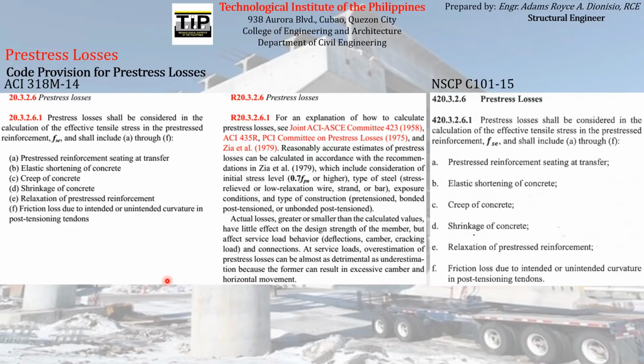That is the main topic of our discussion for this meeting. The reduced magnitude of that initial pre-stressing force is what we call the effective pre-stressing force. And the stress being experienced by the pre-stressing reinforcement due to that effective pre-stressing force is what we call the effective pre-stress, or the effective tensile stress in the pre-stress reinforcement, or the fse.